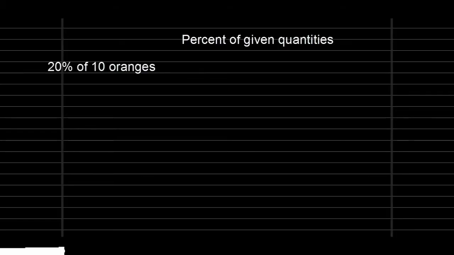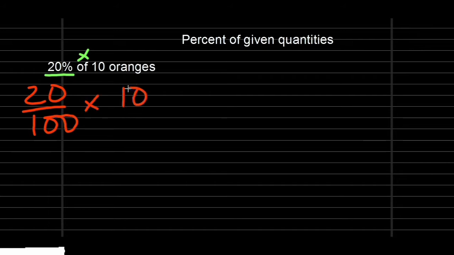So 20% of 10 oranges. How are we going to solve it? First, we have to change this 20% into a fraction. Of means multiply, and then the 10 oranges. So let's work it. It will be 20 over 100 times 10.